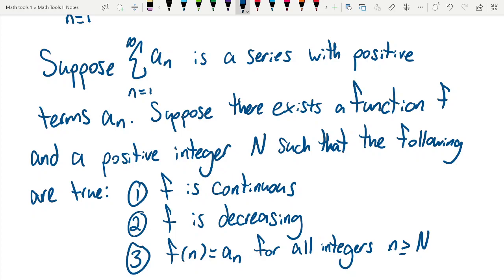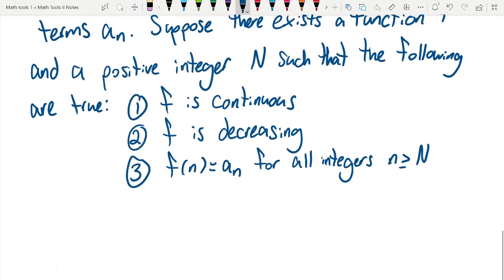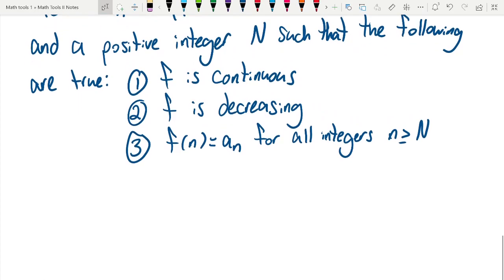It doesn't need to be the whole time, like it doesn't need to be for the first 10 terms. It could be a different function for the first 10 terms, but then it is the same from 10 to infinity. But after a certain point, it has to be the same always, even if it's at the millionth integer, at n equals 1,000,000. From that point on, it needs to be the same. Most of the time, it'll be the same right away, for the ones that we'll use here.